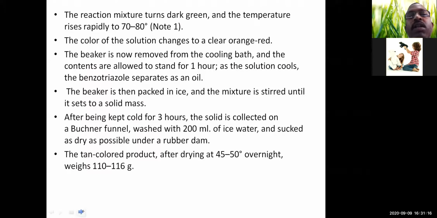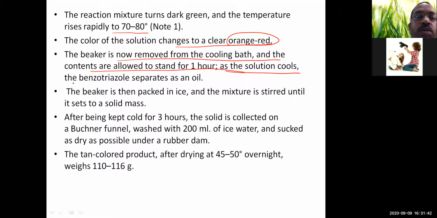Then after addition, the reaction mixture turns green and the temperature rises rapidly, about 70 to 80 degrees centigrade. The color of the solution changes to clear orange red. Formation of this orange red color is the end point, or we can say that the diazonium salt has been formed. The beaker is now removed from the cooling bath and the contents are allowed to stand for 1 hour.